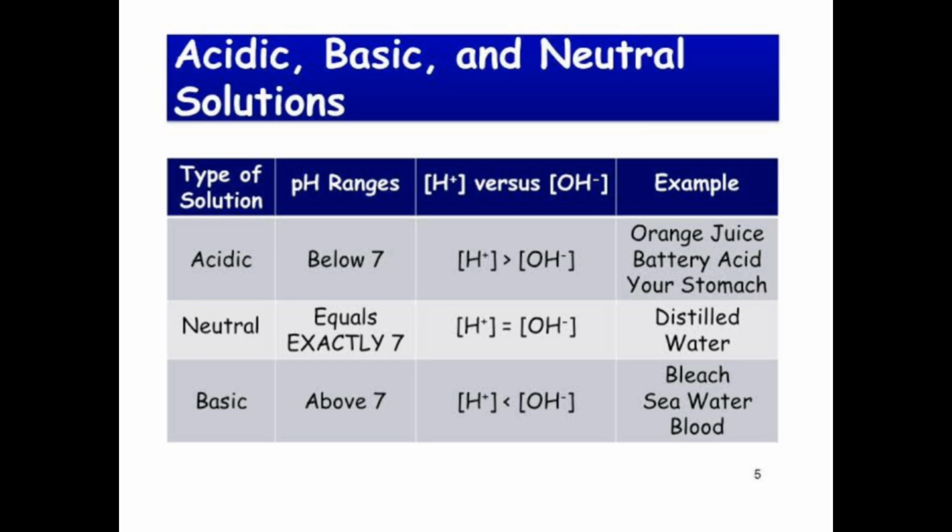Distilled water usually does not contain ions, so it is neither acidic nor basic. For basic, the pH is above 7, and examples are bleach and seawater. Your blood is slightly basic.